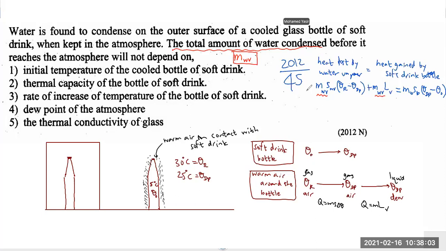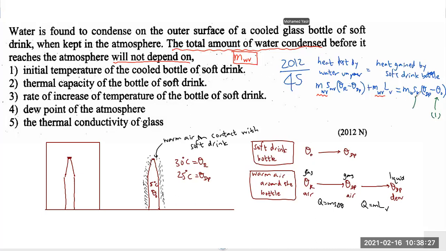Okay, right. Now check one by one which will not depend on it. Initial temperature of the cooled bottle of soft drink. Is it there? Yeah, that is theta naught. So I'll mark number one. Thermal capacity of the bottle of soft drink.